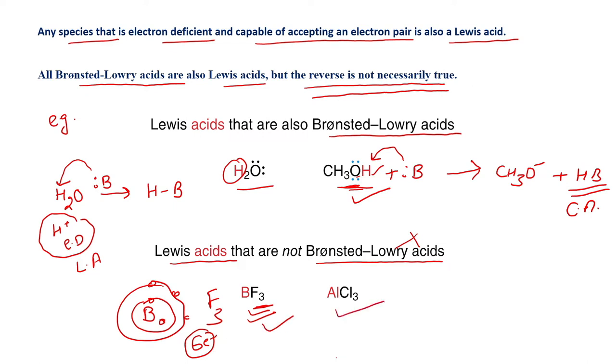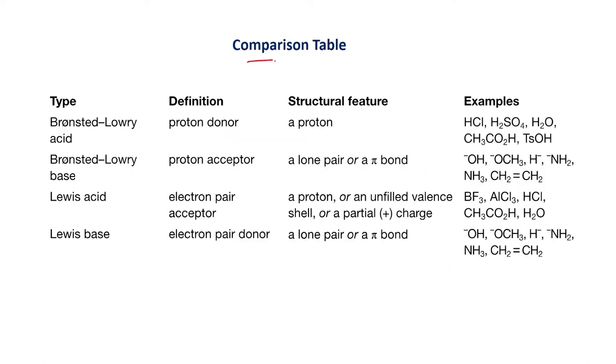Similarly, aluminum chloride is also a Lewis acid because it is an electron deficient species. So this is the comparison table. Bronsted-Lowry acids, in their definition we studied, are proton donors. The structural feature involved is a proton.